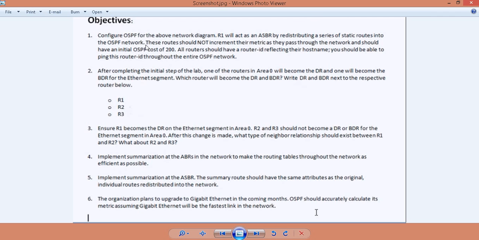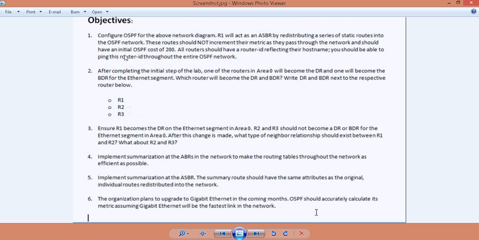These routes should not increment their metric as they pass through the network and should have an initial OSPF cost of 200. That has to do with the OSPF external route types. We have type 1 and type 2, so you have to know which type increments and which doesn't.